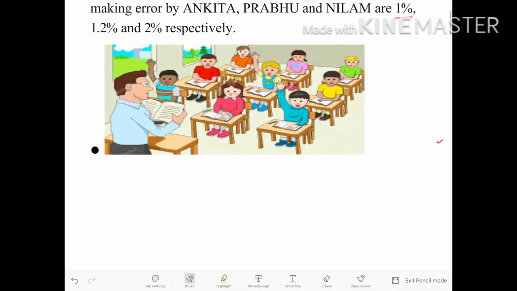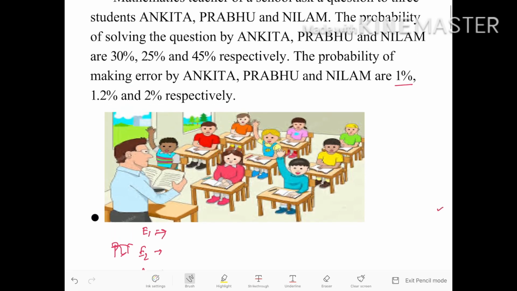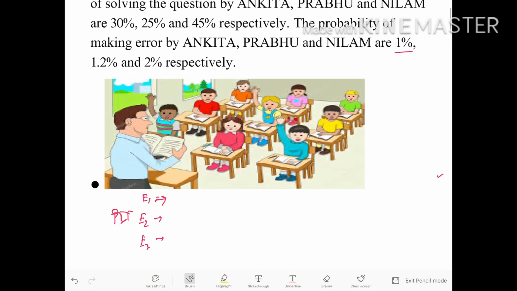So let us take the events E1, E2 and E3. E1: Ankita solves the question. E2: Prabhu solves the question.